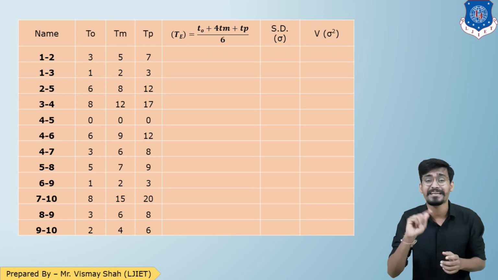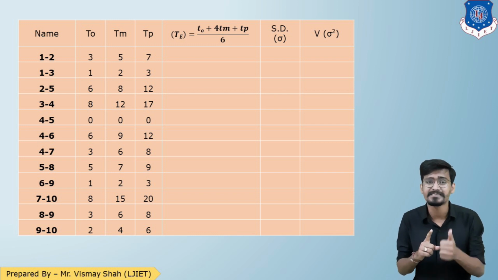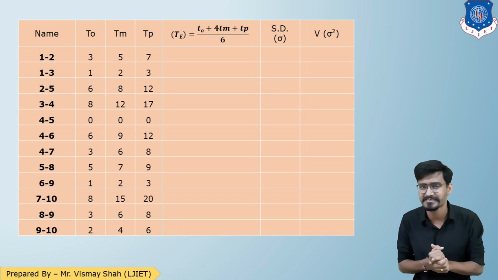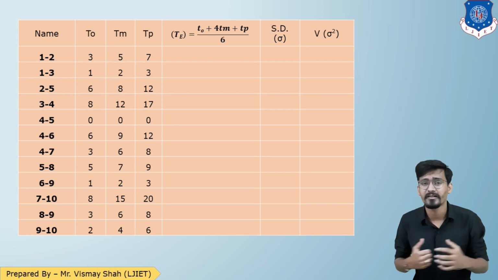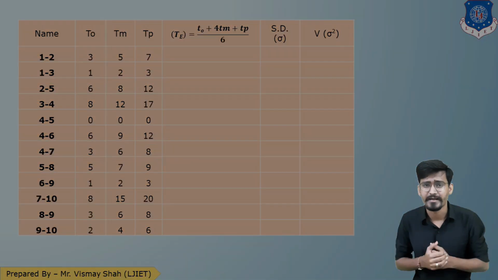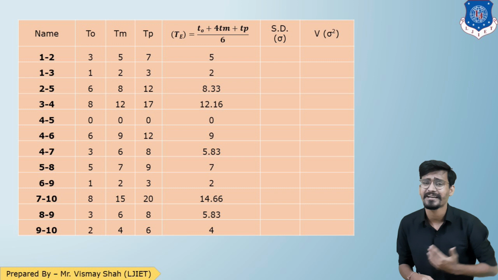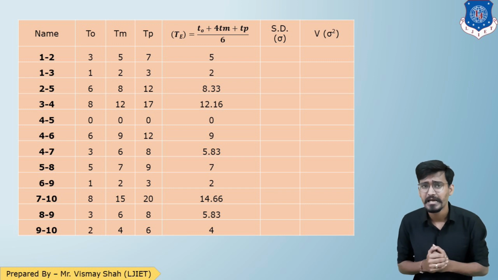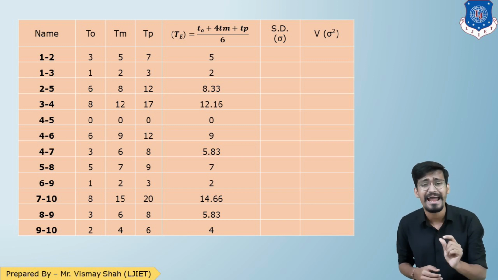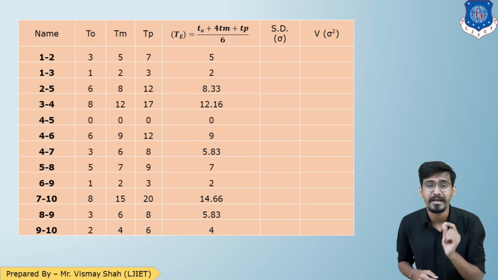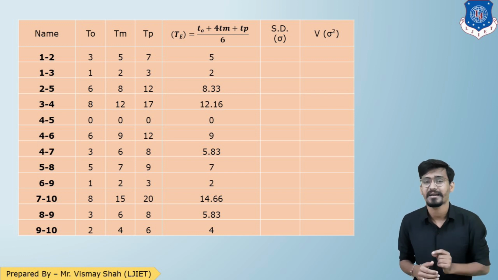Applying the formula, we can find the column of TE. So this is the entire column of TE, the single time estimate required to complete the activity.